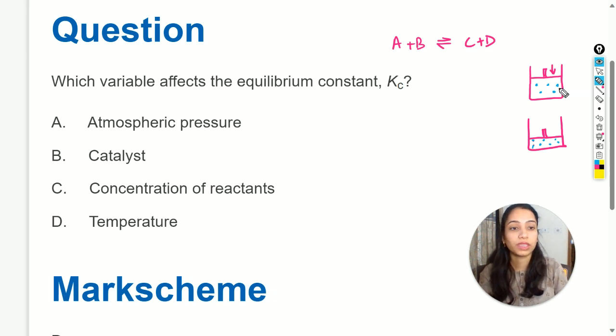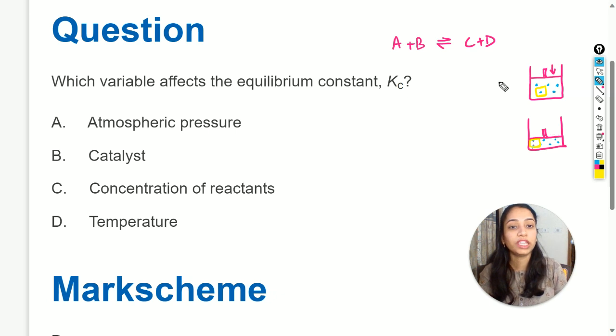So if we count the number of gas molecules per unit volume, the number of gas molecules per unit volume increases. So the system now tends to counteract this change, means it favors the reaction in which the products have fewer gas molecules.